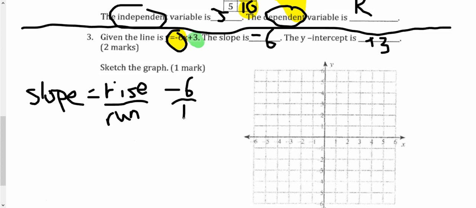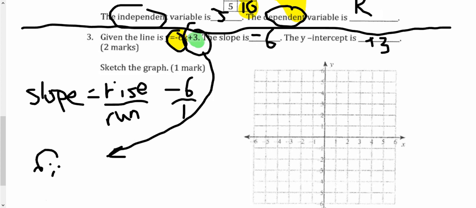But down from where? So the first part that we have to do is look at our y-intercept. Plus 3. So there's my y-axis, and I see 1, 2, 3. So I'm going to put a dot right there. So my line has to go through that black dot.